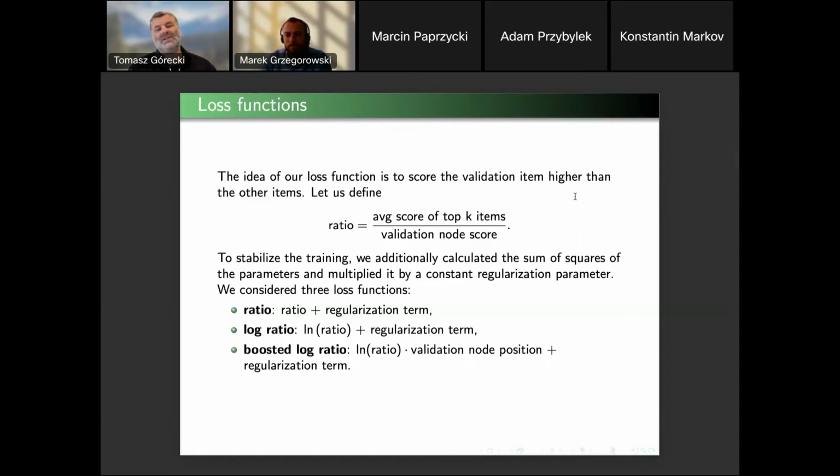Additionally, to stabilize the training, we calculate the sum of squares of the parameters and multiply it by a constant regularization parameter. This is a common technique to regularize and prevent overfit. And we consider three loss functions. The simple ratio, so ratio plus regularization term; log ratio, logarithm of ratio plus regularization term; and boosted log ratio, so logarithm of ratio, some validation node position, and regularization term.